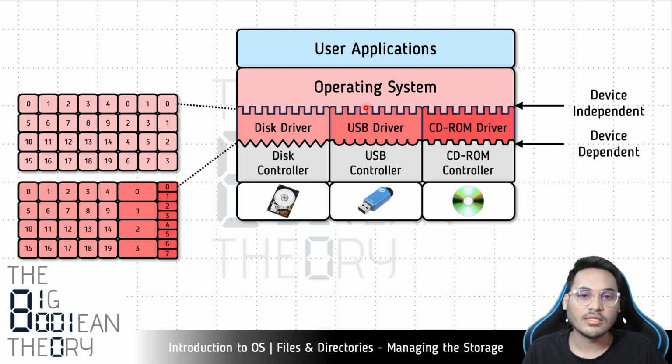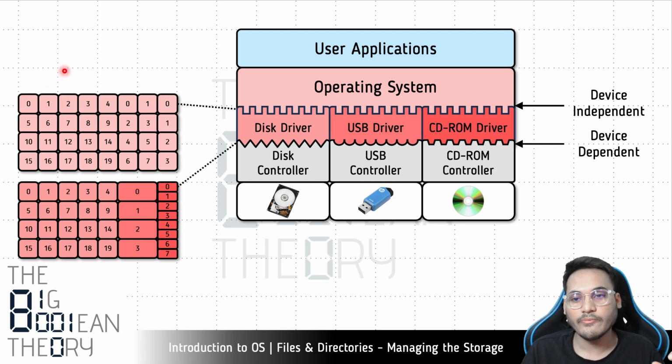Then we saw that the device drivers solve this problem by providing a uniform interface for all the storage devices. They bridge the gap between these individual device-specific interfaces and this device-neutral, or device-independent, interface. So now the rest of the operating system works with a consistent and uniform view of the storage devices. At this level, there is no discrepancy between the blocks of different storage devices. But even this level has its own complexities.